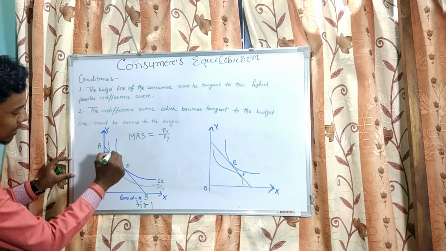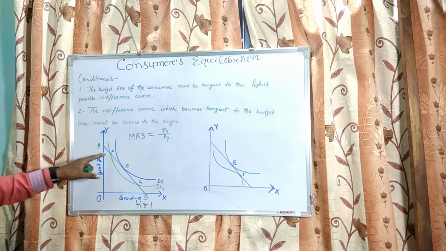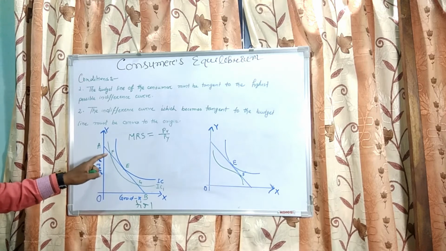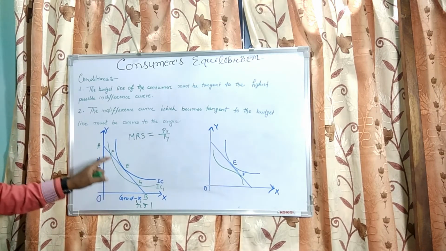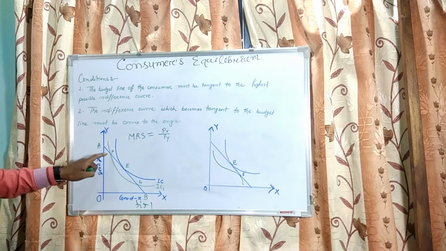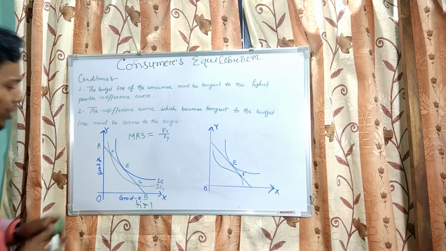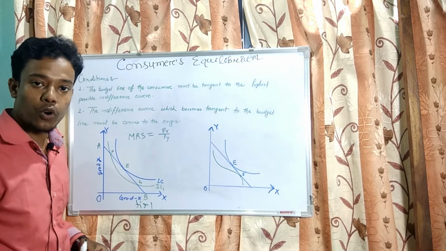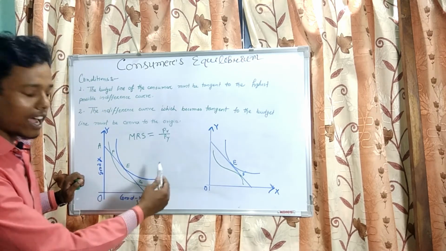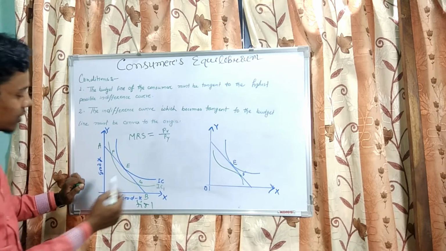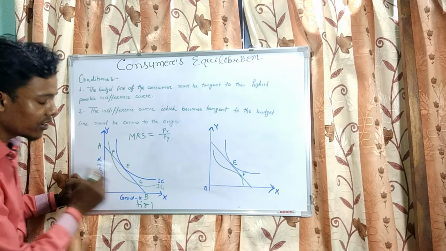Suppose this is F and this is G. The consumer can attain equilibrium at these points also, F and G, but if the consumer consumes at point F or G, he is getting less satisfaction, because we know that a higher indifference curve shows a higher level of satisfaction. Here the IC curve is higher than the IC1 curve, so the consumer will consume at point E, not at point F or G.